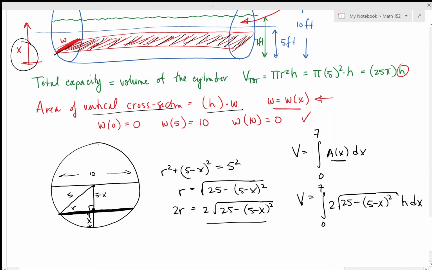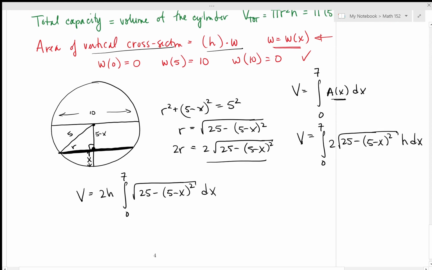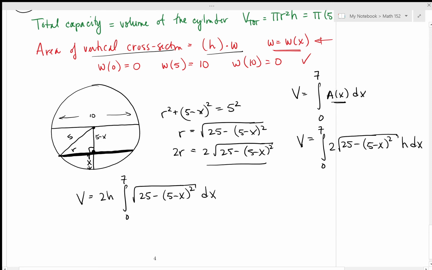There it is. So now I've got an integral. The volume is 2h times the integral from 0 to 7 of the square root of 25 minus (5 minus x) squared dx. It's a relatively thoughtful process to come up with this integral.